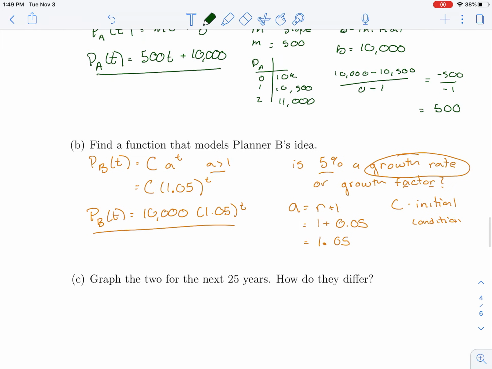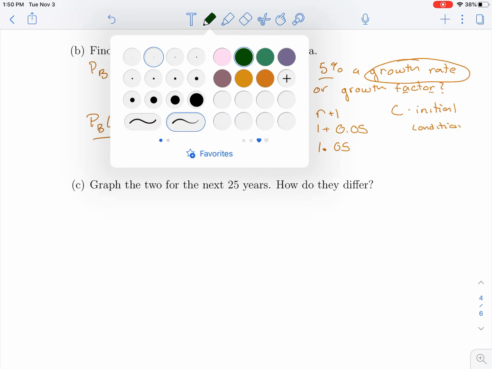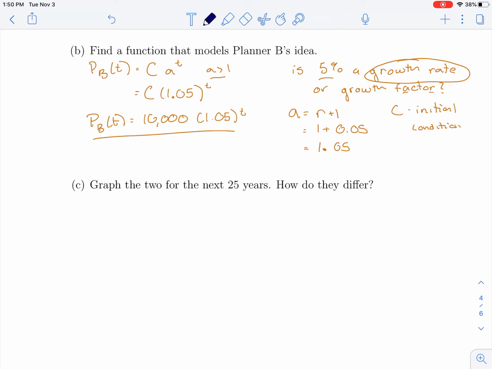Okay, great. Now we're asked to graph the two of them next to each other over the 25 years. And then if we were in class, we would discuss how they're different. I'll probably have to beg someone after a while to give me an answer, but we'll just work with it. So I like to use the same color blue as my graphs.